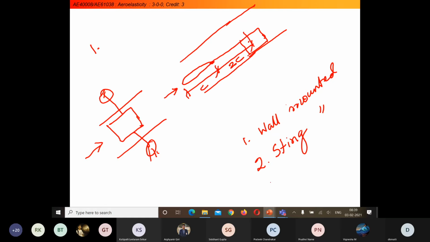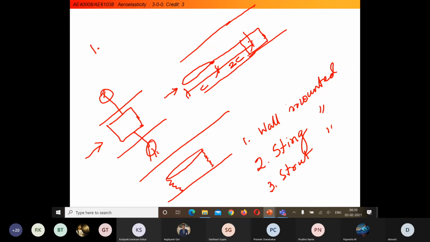And the third one is the strut mounted model, where the wind tunnel model is supported by springs and there will be flow. Depending on the availability of the wind tunnel and the facility available, we can design any of the three models: wall mounted, sting mounted or strut mounted.